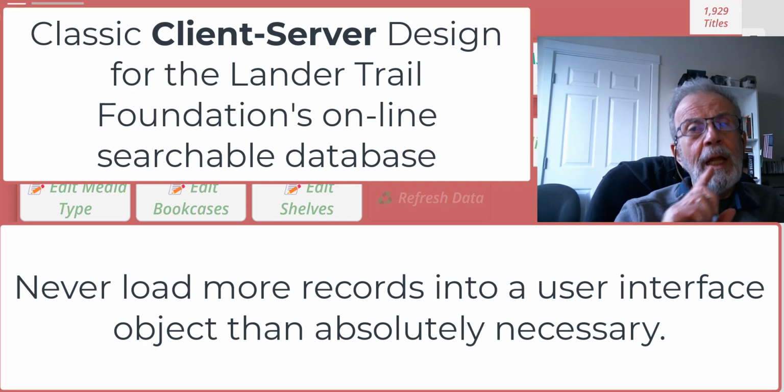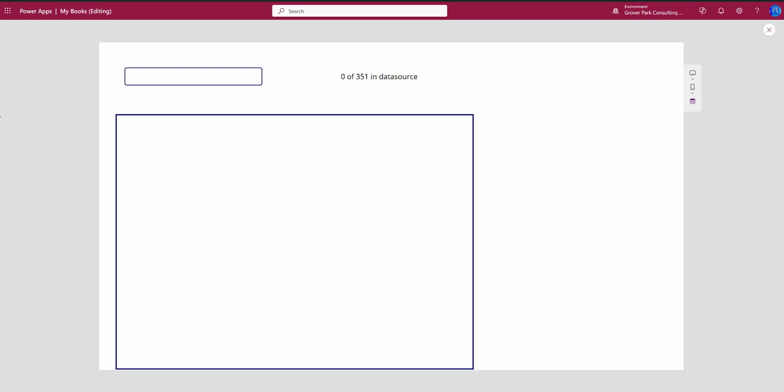Let me show you what I mean by referring not to the Lander Trail Foundation, but to a little sample application that I created to illustrate the problem, except for the number of books in the record set: 351 in my personal library at this point, as opposed to 1,929 in the Lander Trail Foundation. I chose it because it will illustrate the problem without bogging us down.